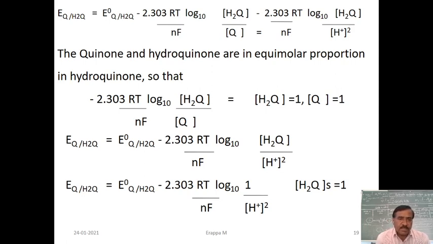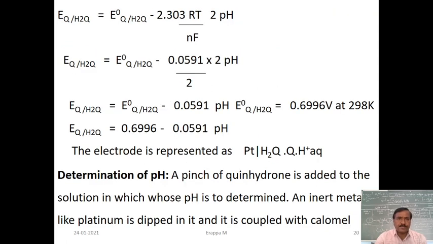Since H2Q is equal to 1 and Q is equal to 1, that is log of 1 over H plus whole square.